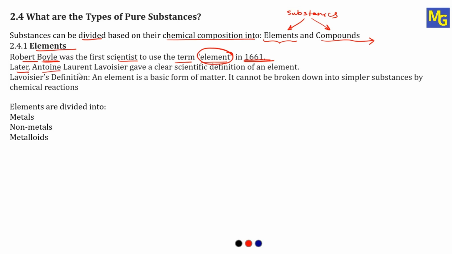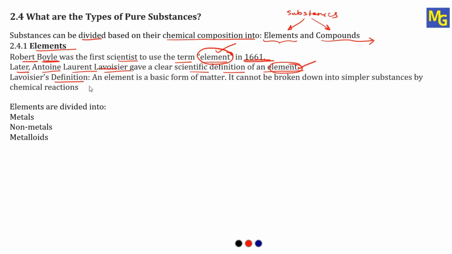Later, Antoine Laurent Lavoisier gave a clear scientific definition of an element. So remember, Robert Boyle used the term element first in 1661, but the scientific definition of this word was given by Antoine Lavoisier.